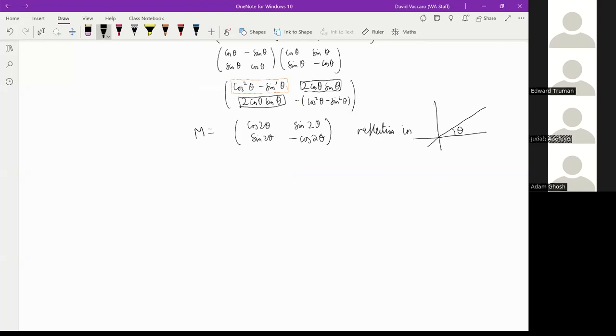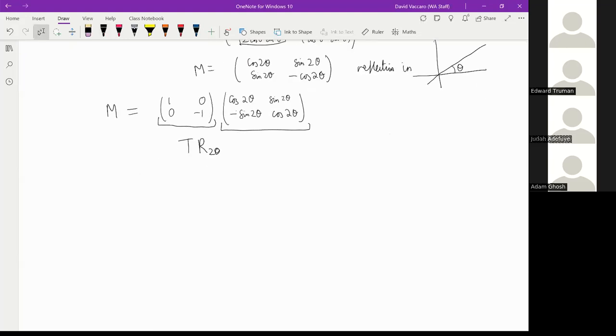Okay, interestingly, and I won't necessarily show how I found this, that is the same as this matrix, which is T, and this matrix, which is R 2 theta.